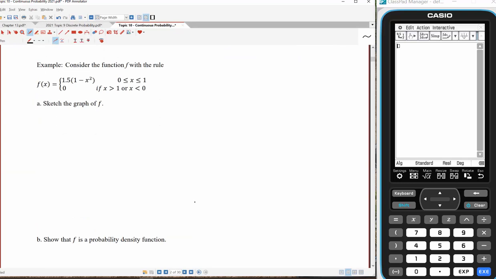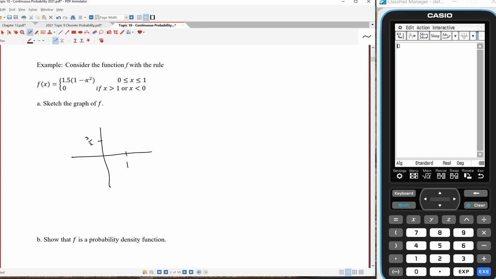Okay, so let's do a question. Consider the function f with the rule, so it's this between 0 and 1, and it's 0 everywhere else. Let's sketch the graph. So we can see here it's a quadratic function. So we're going to pop 0 into it. 1 take away 0 is 1. 1 times 1.5 is 1.5 or 3 on 2. 1 goes in, and 1 take away 1 is 0, so it's 0 when x is 1.